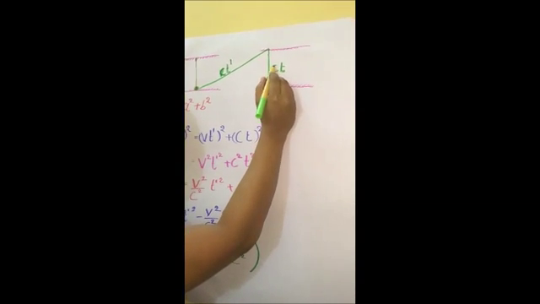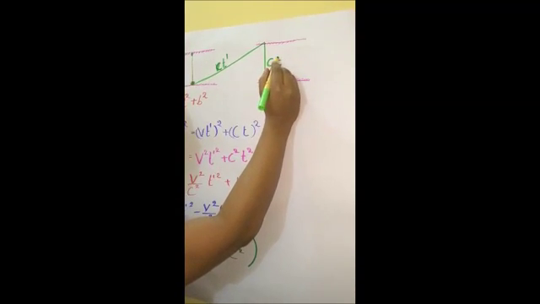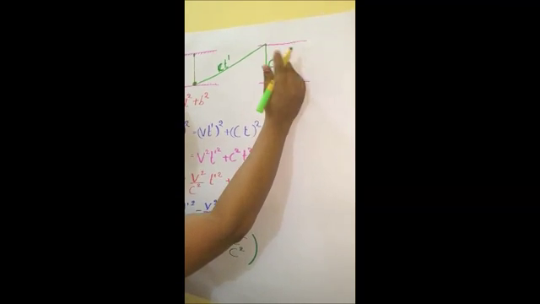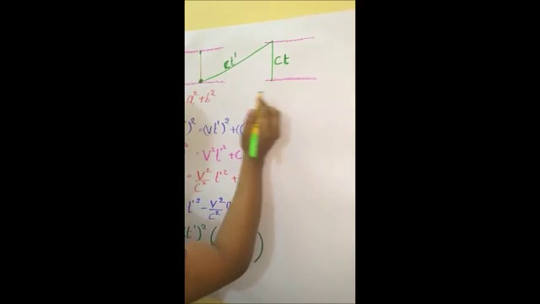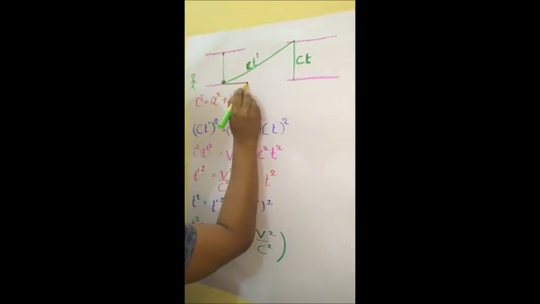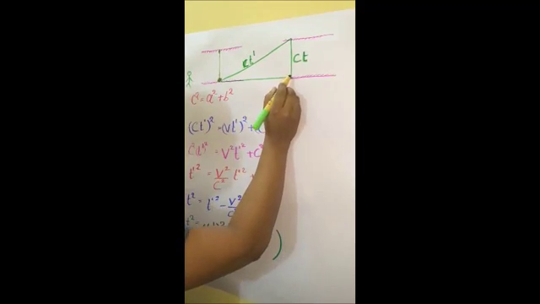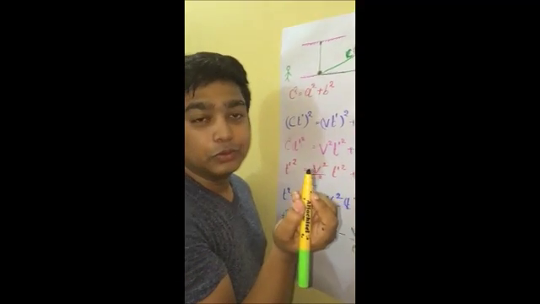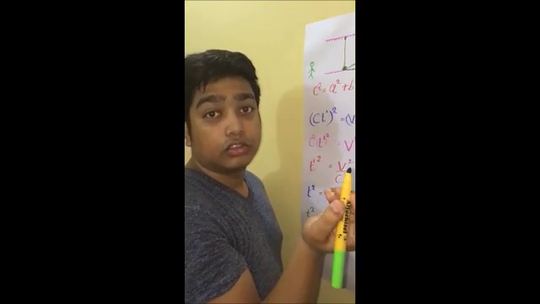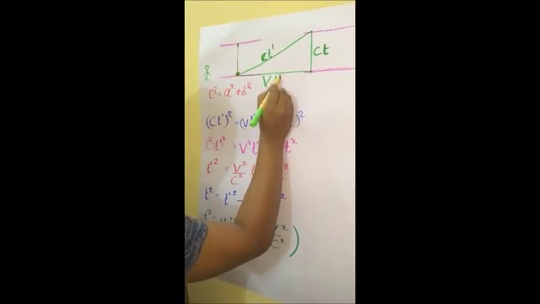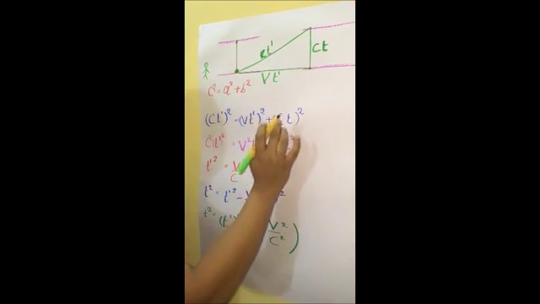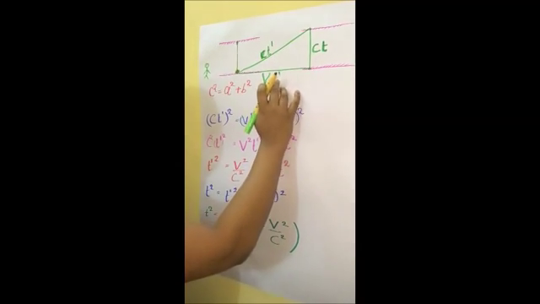It is the speed of light into the time in the moving clock. And here we can find the distance also. We all know that distance is velocity into time, so this will be v t prime, because this person is seeing the t prime time.